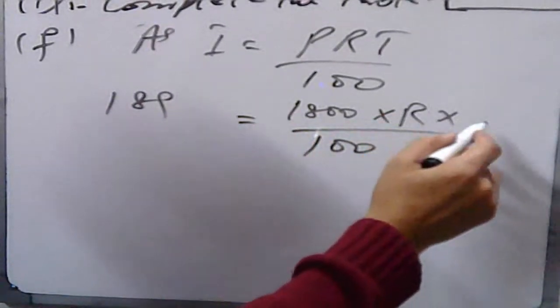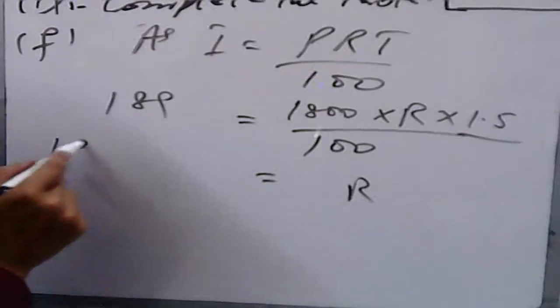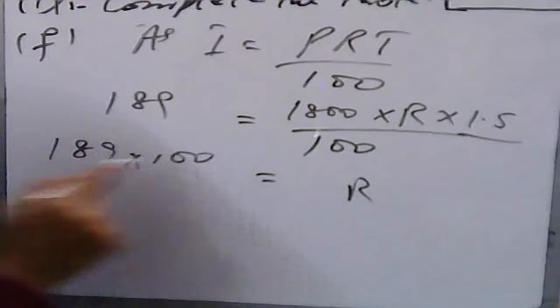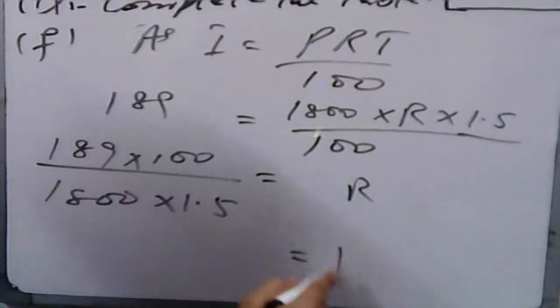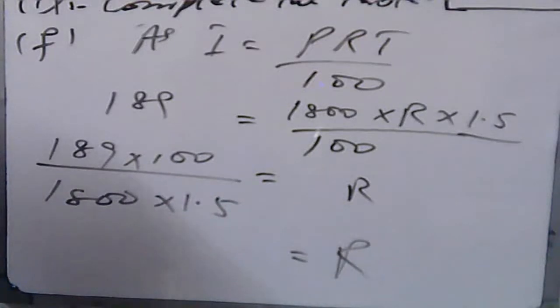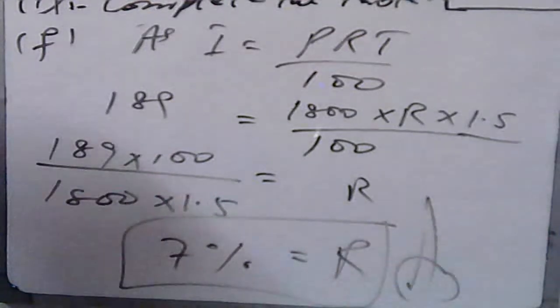By using cross multiplication you can write 189 multiplied by 100 divided by 1800 multiplied by 1.5. After simplification the value of R is 7%. That is your required result in the F part.